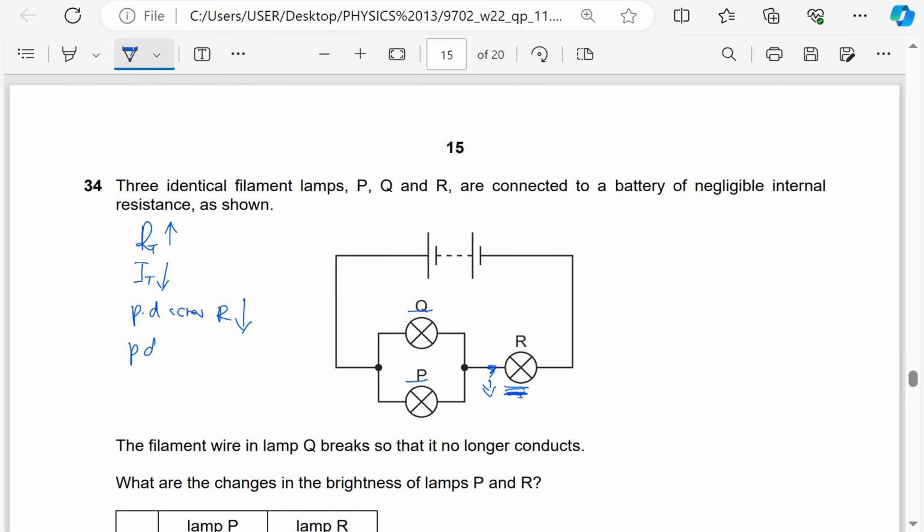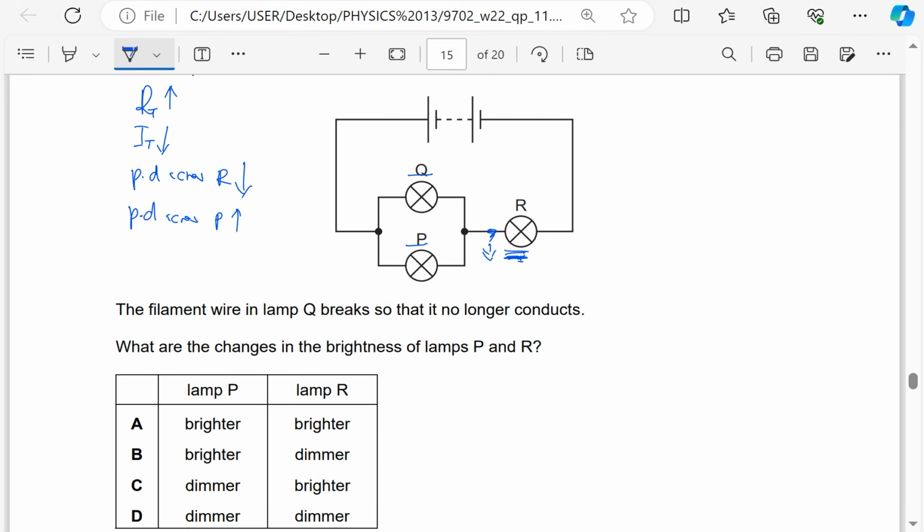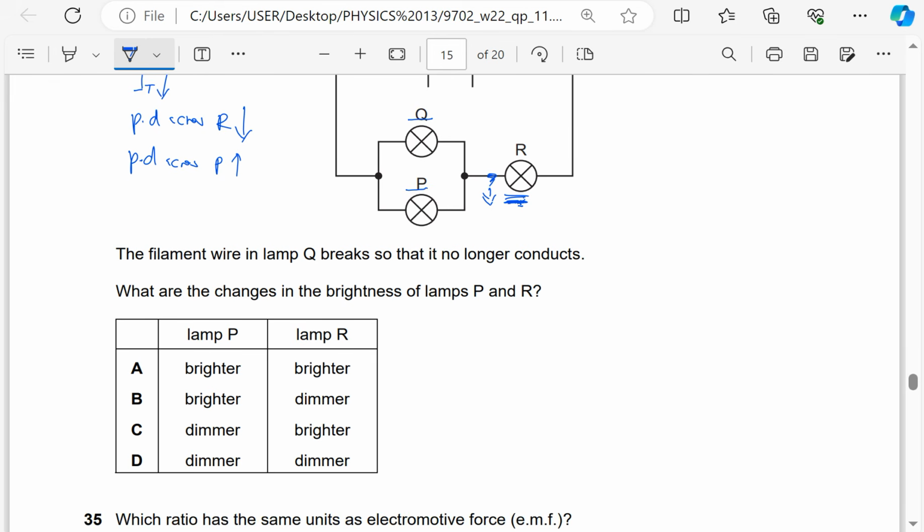So what are the changes in the brightness of lamps P and R? Of course, R may slightly become dimmer as P becomes slightly brighter, as simple as that. So P becomes brighter and R becomes dimmer. So the answer is B.